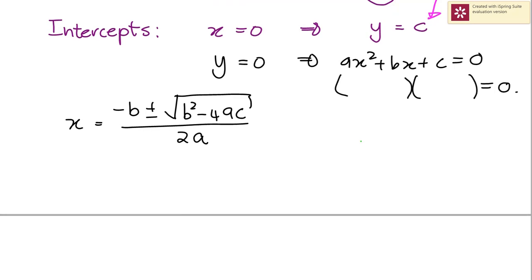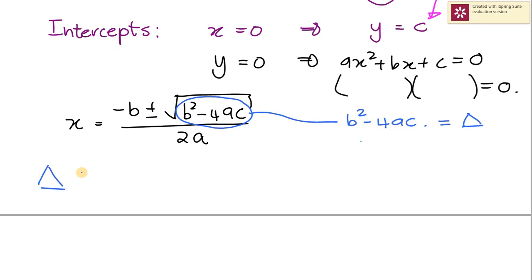And this is perhaps a good time to recognize again the role of this b squared minus 4ac. Let's just say we call it the discriminant for now.